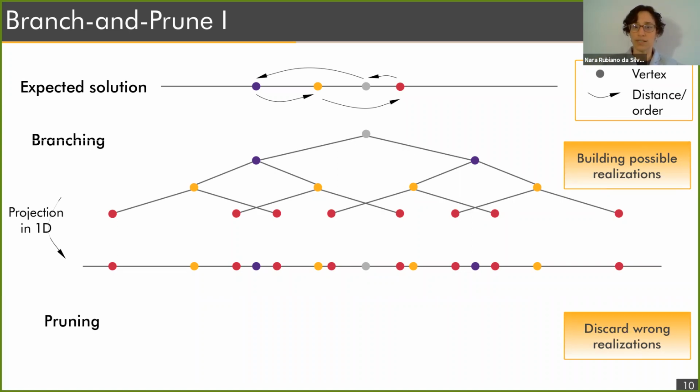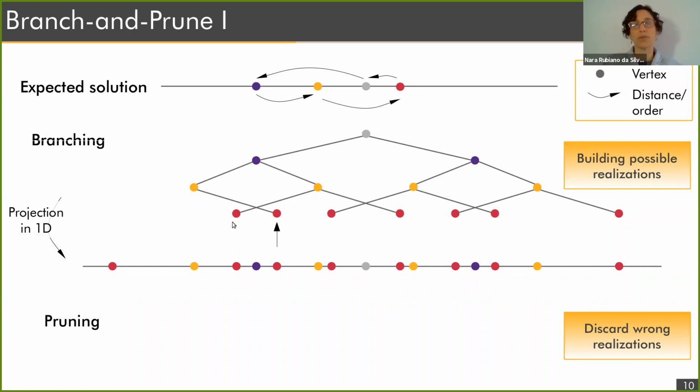all wrong realizations. For example, let's check if this first vertex here is feasible or leads us to a feasible realization. For that, we check if the distance from this vertex to the first vertex corresponds to the actual distance we have in the definition of the graph. If not, we can just prune the whole branch that is connected to this last vertex position.